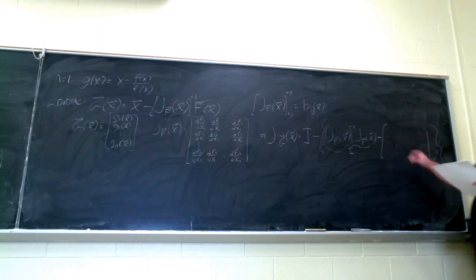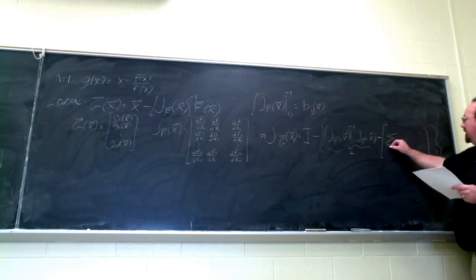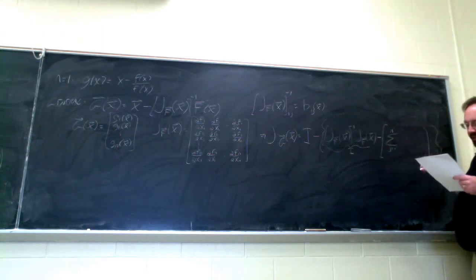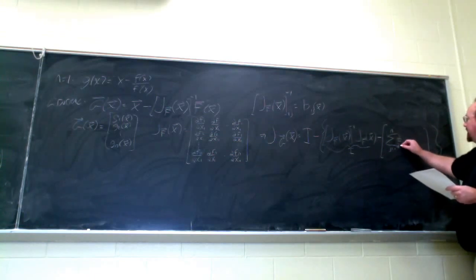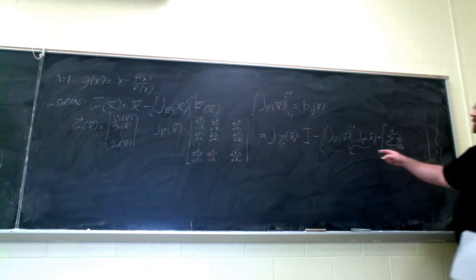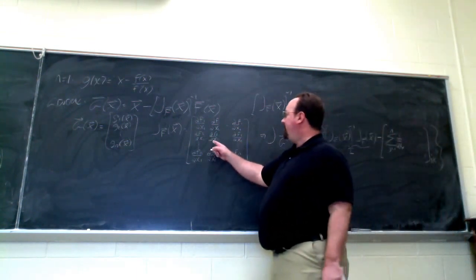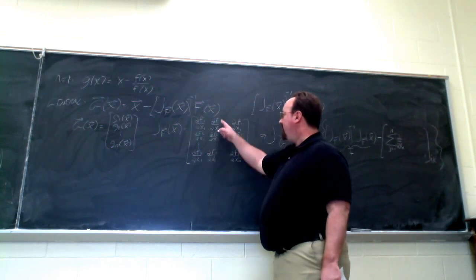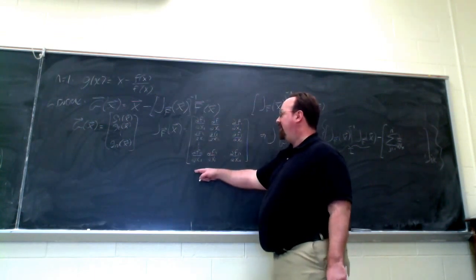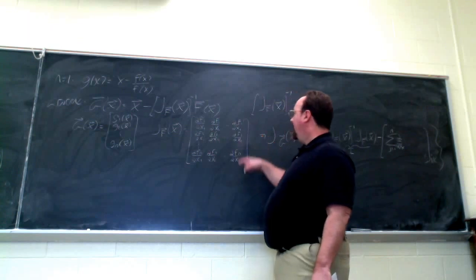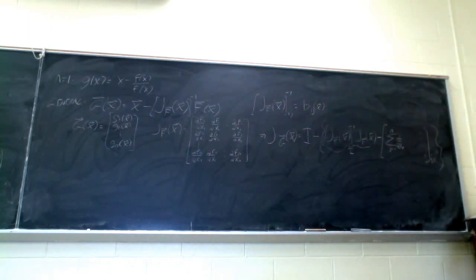So it's actually going to be a sum over j of the derivative with respect to xk, because keep in mind, whatever variable we're differentiating with respect to indicates the column. Like first column is with respect to x1, second column with respect to x2, and so on down to the last column with respect to xn.